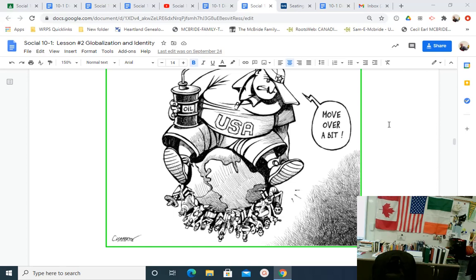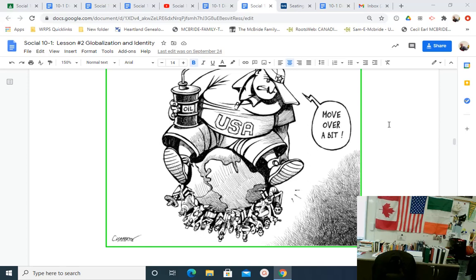We're seeing in the competition of resources, in this case oil, the United States perhaps over-consuming. That's why they're shown as such an imposing figure. And therefore it's created a disparity, a gap between the haves and have-nots. USA has oil, and the rest have not oil.